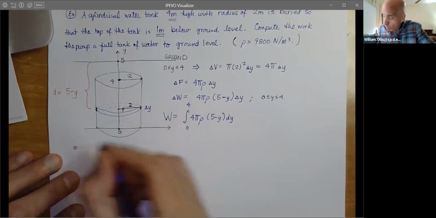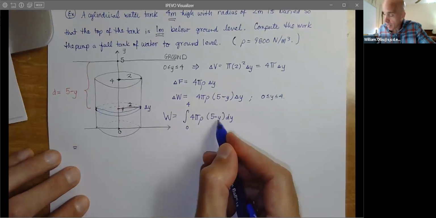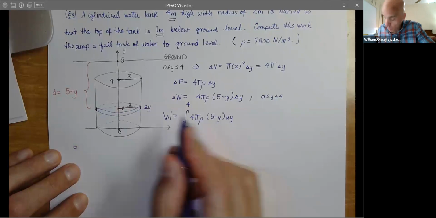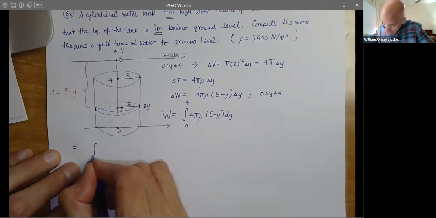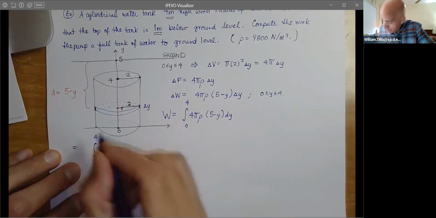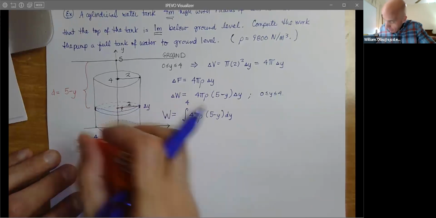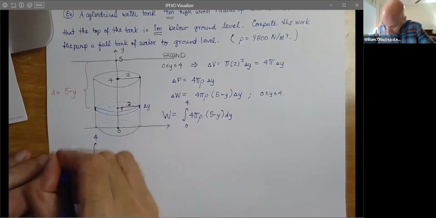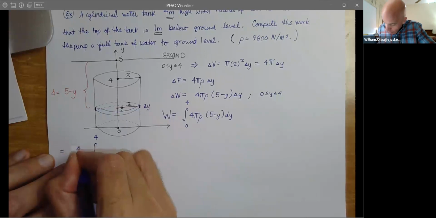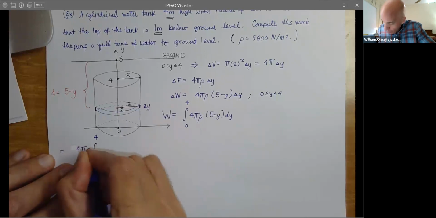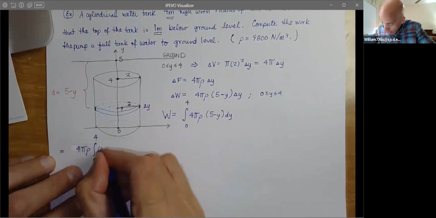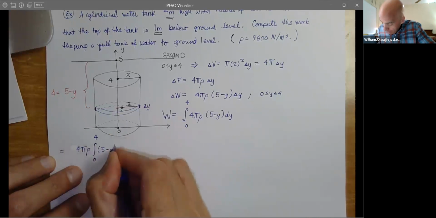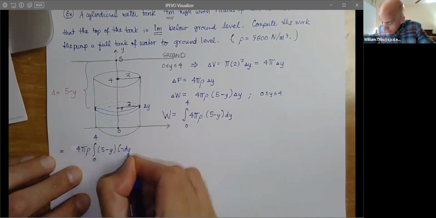So now what we can do is make this table ready. We've got the negative 1 here with the differential. So this will give us 0 to 4. And I'll leave a little more room out here. So we'll have a 4 pi rho, and we'll have a 5 minus y and a negative dy to make it table ready.